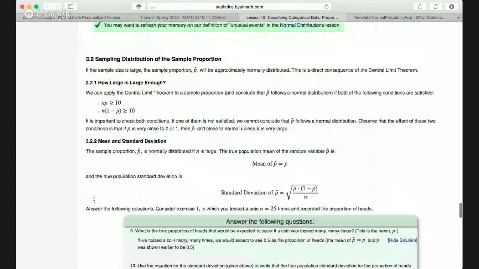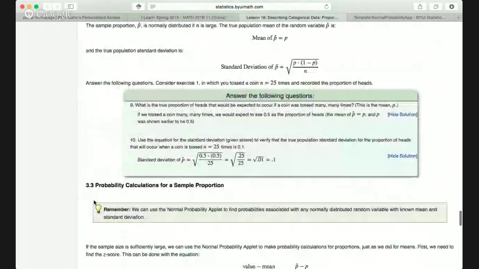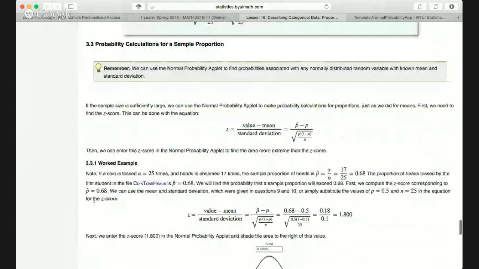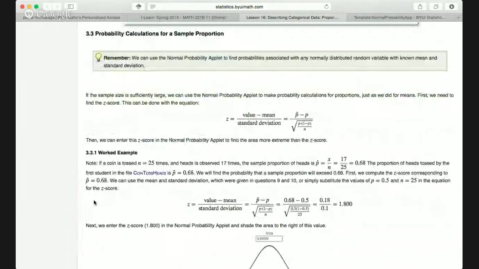Okay, I think I get it. So let's see here. It's asking us if P is 1/4, you plug P into this equation.